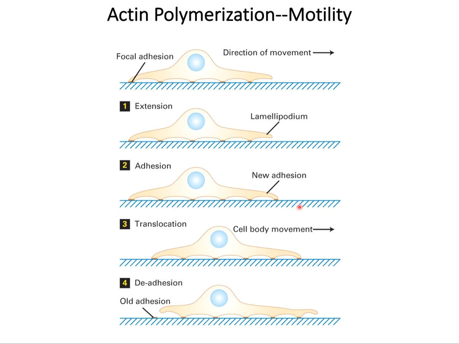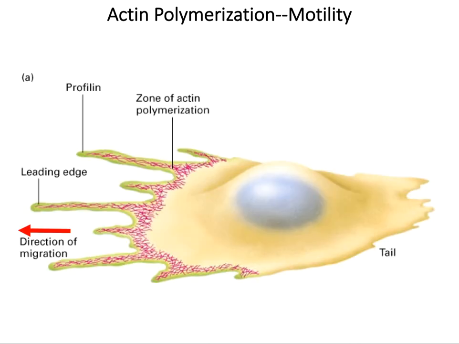You can think of it as the body of the cell snapping forward, as shown in the translocation. Finally, you have the lagging edge, or the rear of the cell, that needs to have deadhesion, where you get the release of the cell from the matrix. So the polymerization of actin and this actin treadmilling is really important in the first step, the extension of the membrane. So here is another way to look at it.